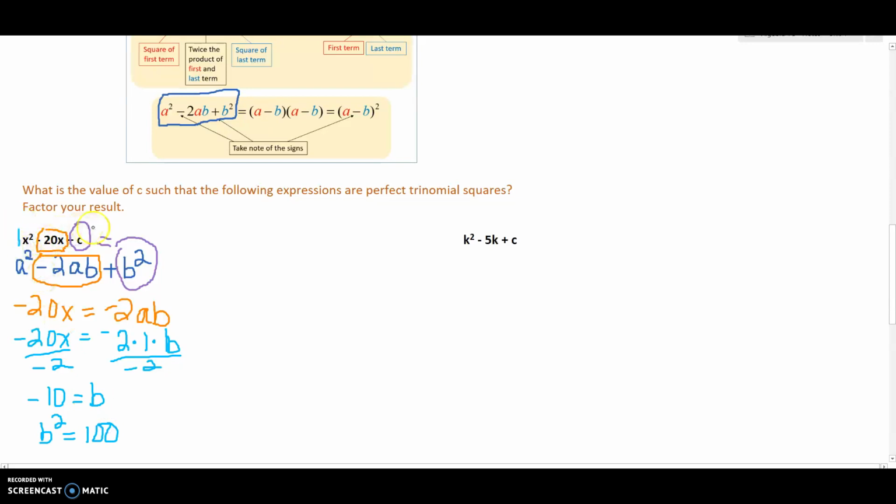So my perfect trinomial square here is x squared minus 20x plus 100. And we can factor this as x minus 10 squared.